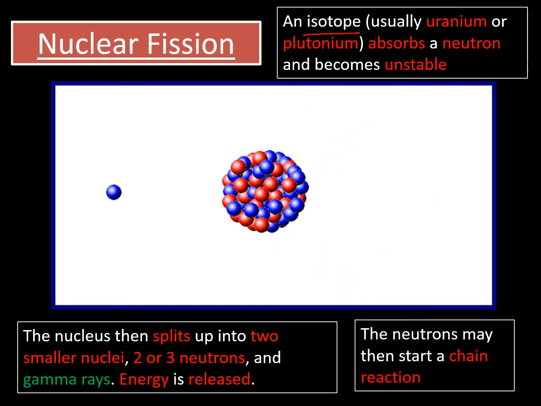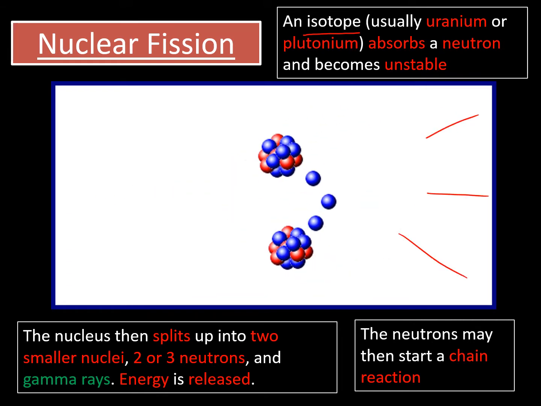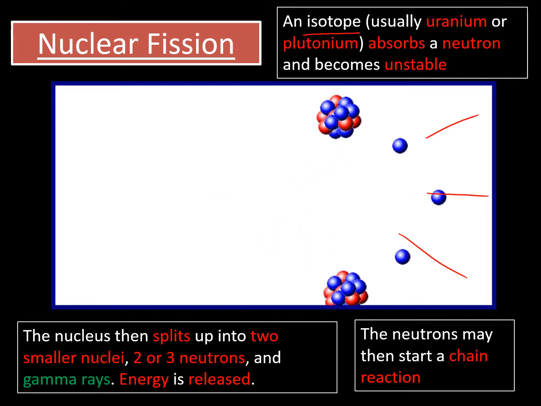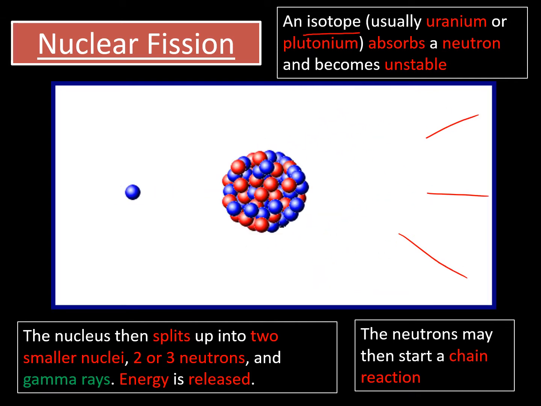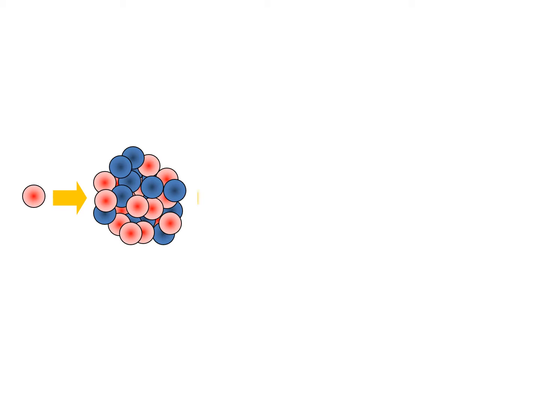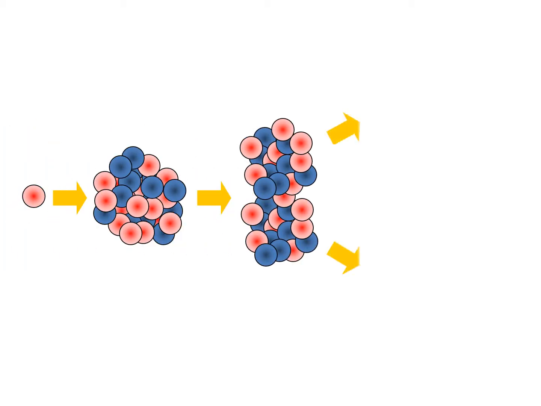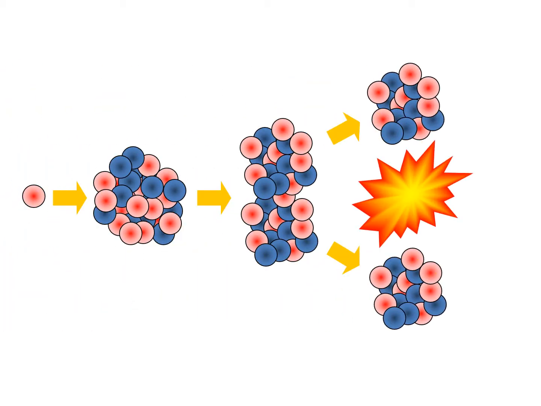The neutrons that are released afterwards, the three neutrons that come off after the nuclear fission event, can go on to make what's called a chain reaction. A chain reaction occurs when a single neutron hits a large nucleus. It will split into two daughter nuclei, releasing an awful lot of energy.